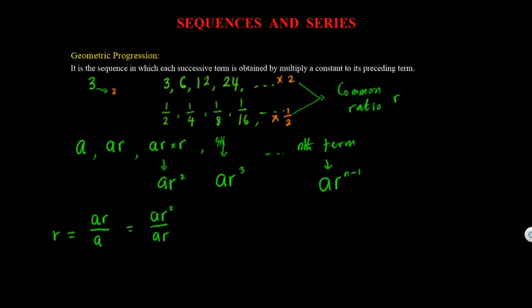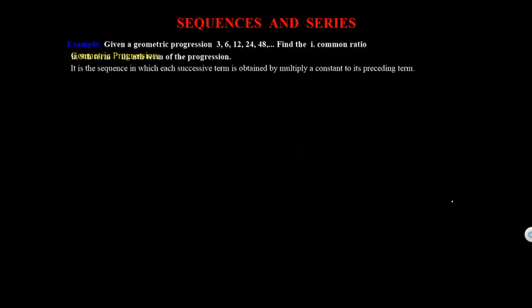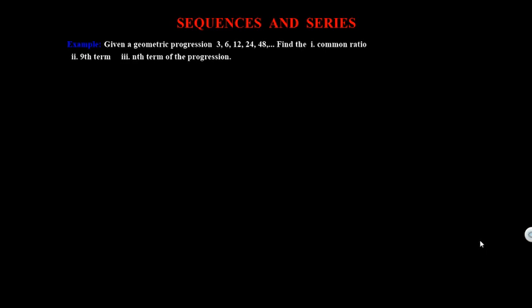Now let's try to take an example from this. Example. The question says, given a geometric progression, we should determine the common ratio, the ninth term, and the nth term of this sequence.